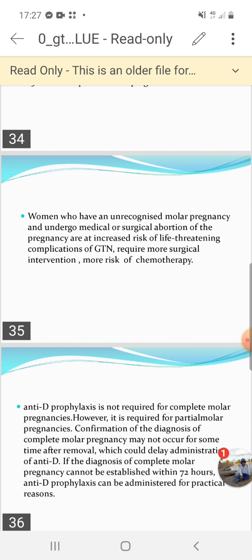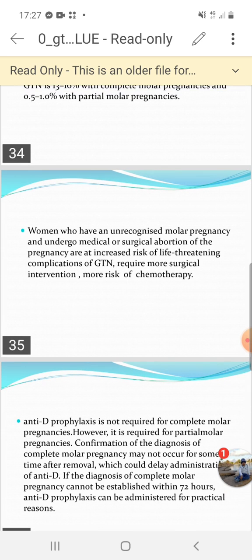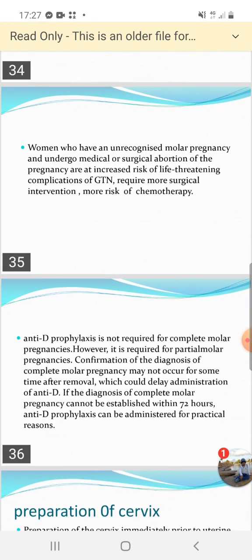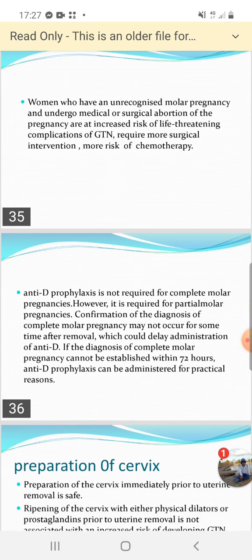So the rate of unrecognized mole after abortion is 2.7%, a pretty high incidence. So if there is an unrecognized mole and you go for suction evacuation or medical, there is risk of heavy bleeding, and more chance that she will receive chemotherapy.